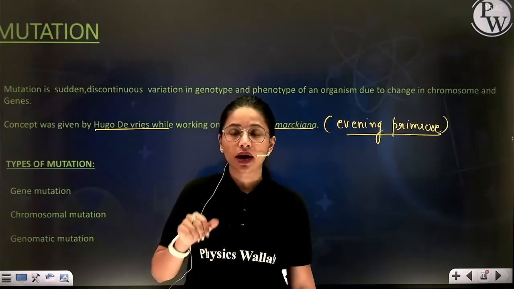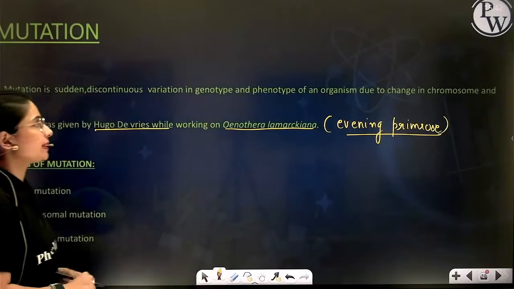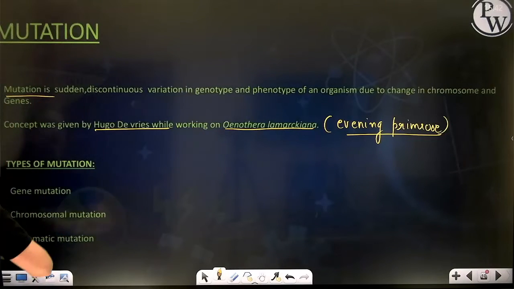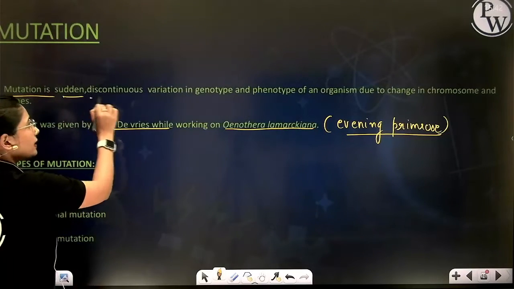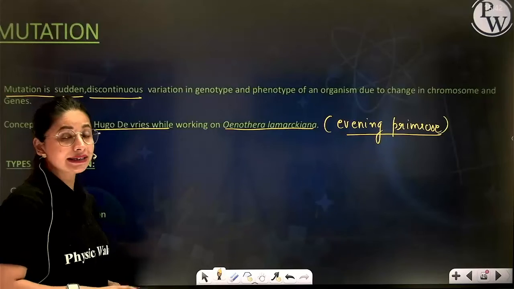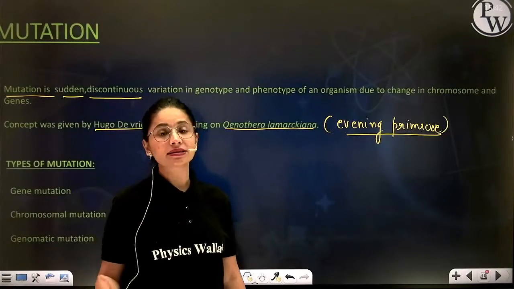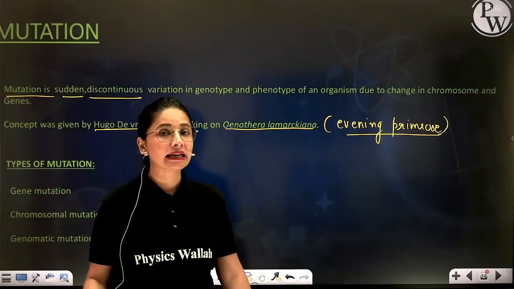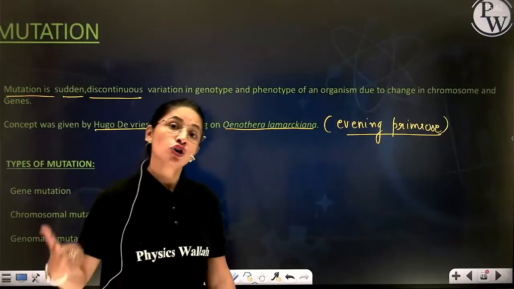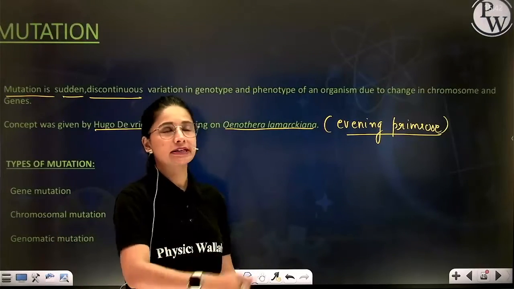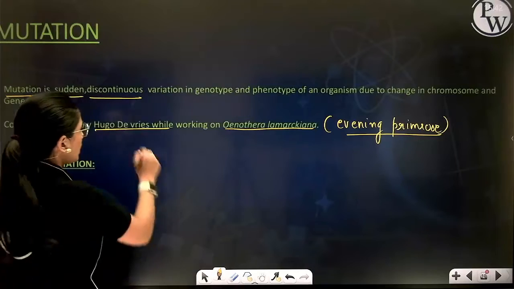Understood? So how will you define the term mutation, beta? Mutation is a sudden, discontinuous variation in the genotype and the phenotype of an organism. It is not necessary that if a parent is suffering from a mutant cell, that mutant cell should pass to the offspring. It is not at all necessary.